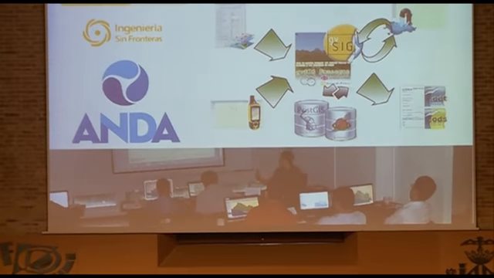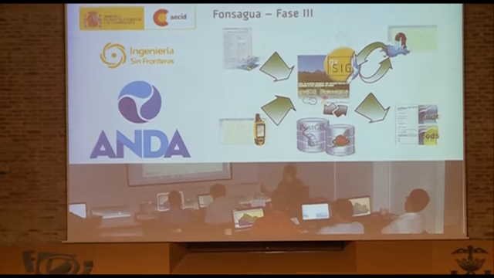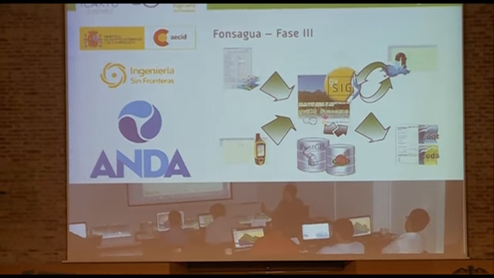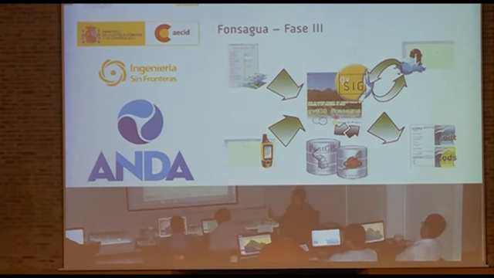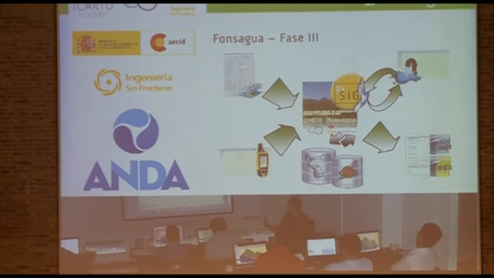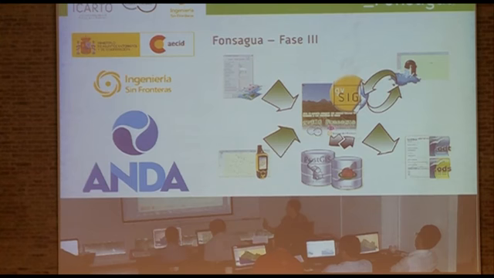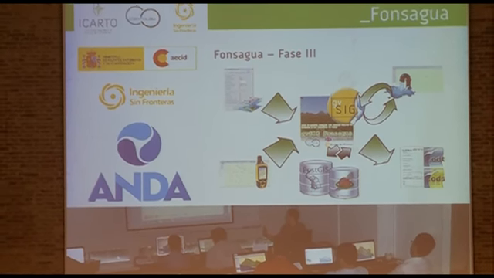I'm going to tell you part of the Fonsagua project. For a community, you have to create many different alternatives with a series of data, in which you have to consider many variables, such as the economic resources of the community.